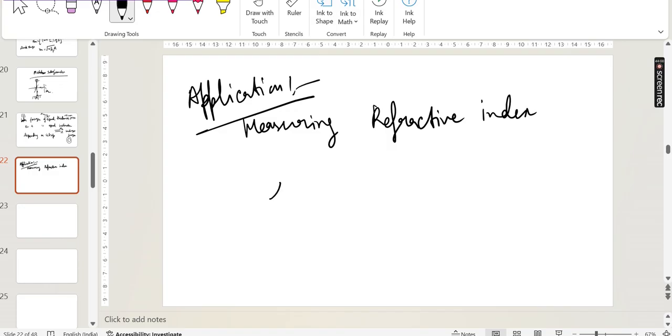The formula is mu equals (n lambda) over 2t plus 1, where t is the thickness. With this, we can also determine the wavelength of a laser, observe interference of white light, and measure wavelength and coherence of LED sources, and so forth.